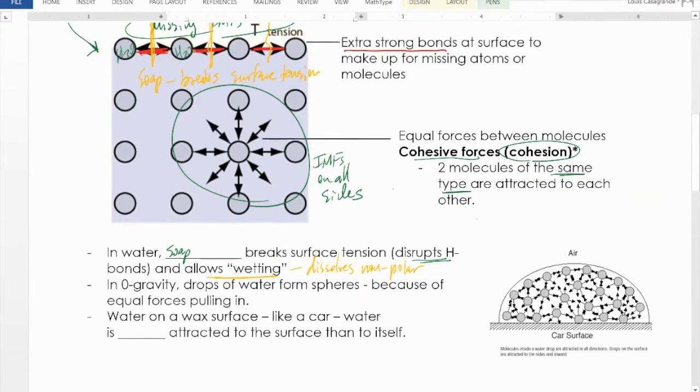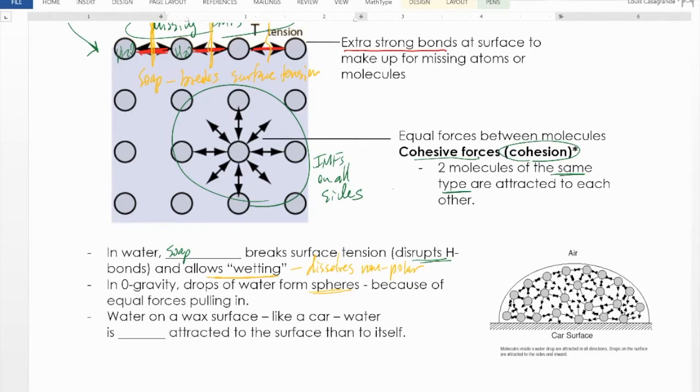Now, if you were to take a water drop into zero gravity, like go up onto the space station, and you have a water drop up in space, the drops of water are going to form spheres. And you may have seen this. It doesn't matter how big. I say drops, but they actually use a fair amount. I've seen the astronauts use, say, a liter or so of water.